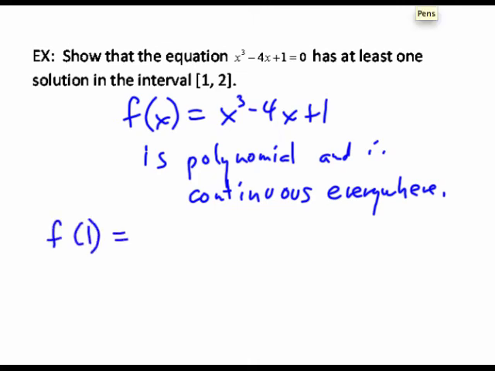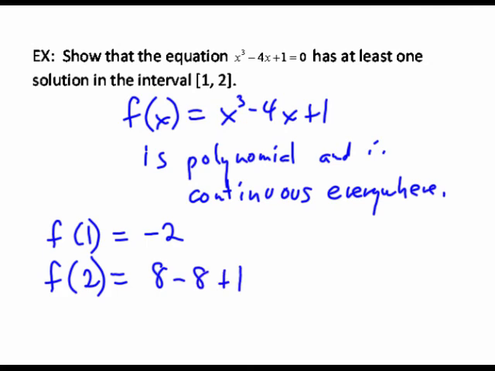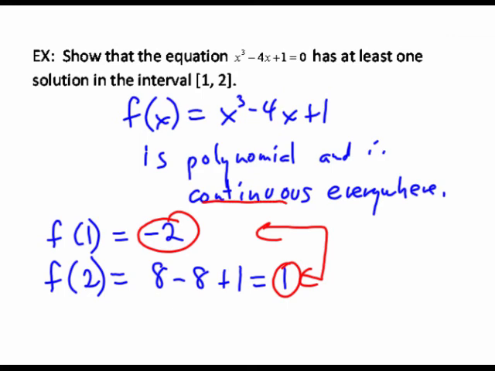So if I plug 1 into the function, 1 minus 4 is negative 3, plus 1 is negative 2. And if I plug in x equals 2, I'm going to get 8 minus 8 plus 1. I'm going to get positive 1. And since my output values at these x values are opposite, and since the function is continuous, we therefore know by the corollary we just discussed that there must be at least one value of x. f of something must equal 0.